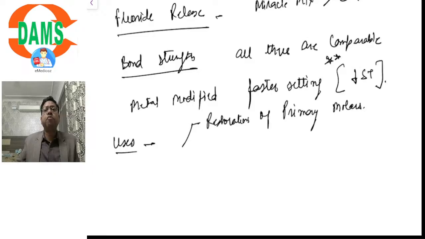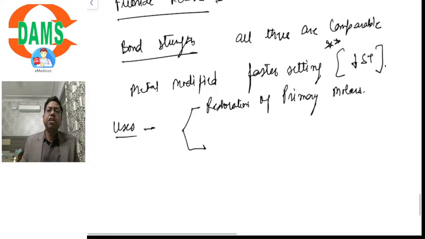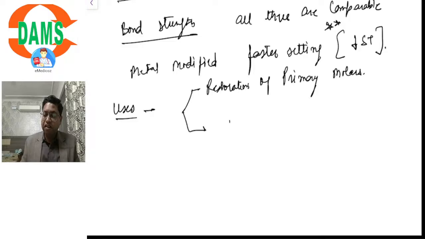So placement of a more definitive restoration like dental composites is challenging in children because of poor isolation, isn't it? So they are suitable for restoration of primary molars. And another clinical application for metal modified GICs is as a core buildup material. These are the two principal applications.